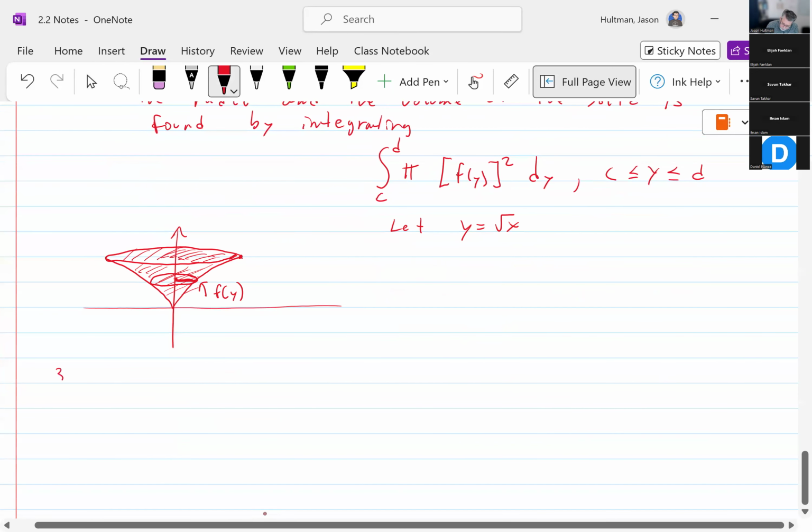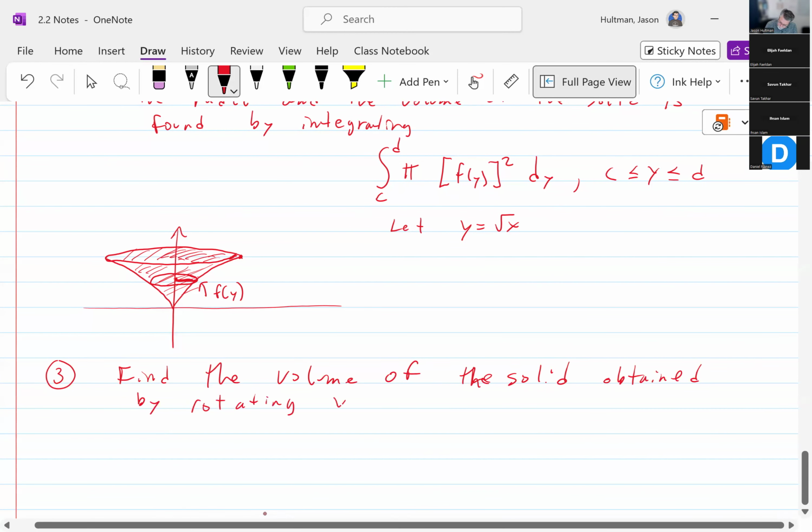Okay, so let's look at number 3 here. Find the volume of the solid obtained by rotating y equals radical x about the y-axis from 0 to 1.